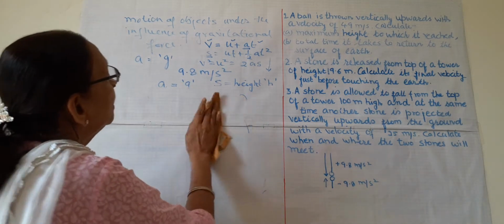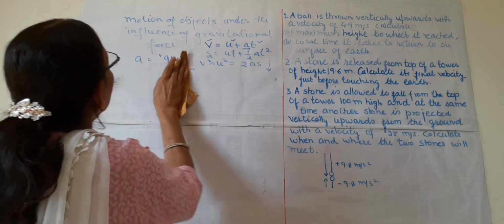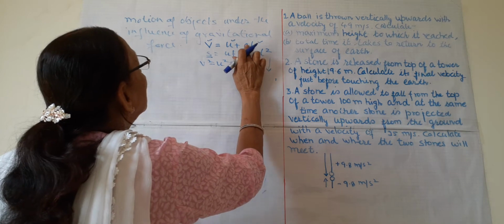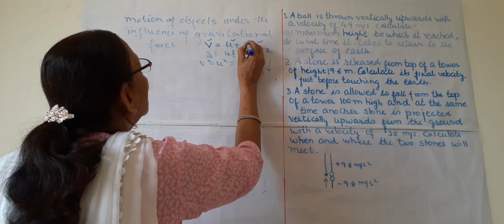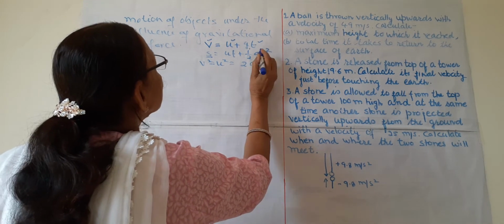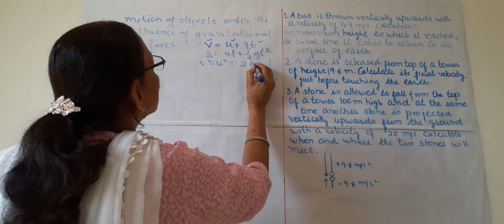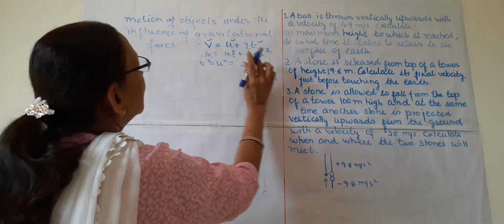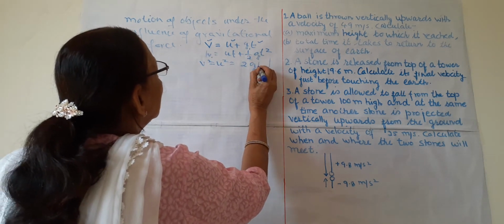So I am changing these equations: this is also g, this is also g, and this s should be h and this s should be h.